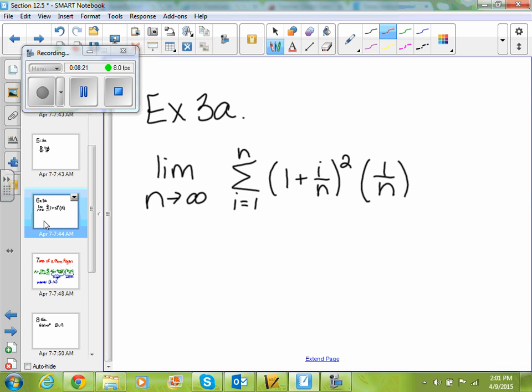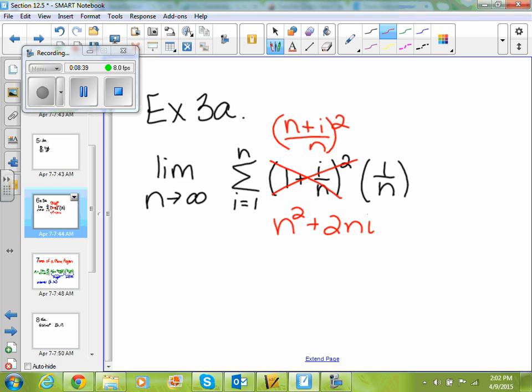Okay, well 1 plus I over n is the same thing as n plus I over n. And so if I square that, then I'm going to square the top and bottom. So n squared plus 2ni plus I squared divided by n squared is my product if I square the top and the bottom. And then I'm still taking that times 1 over n.